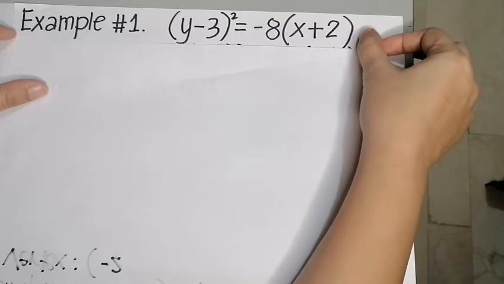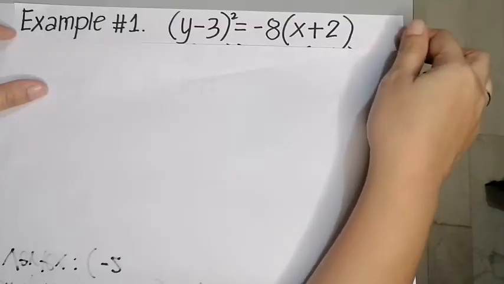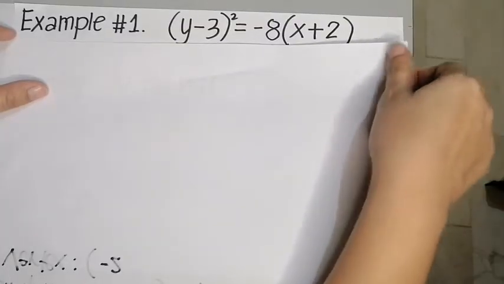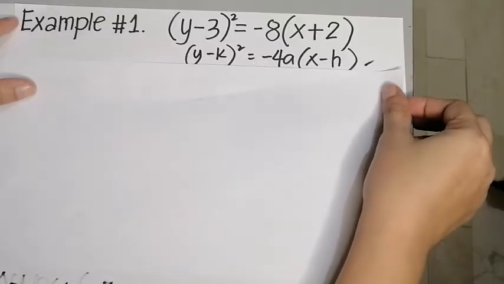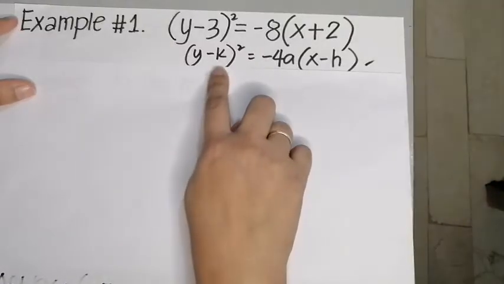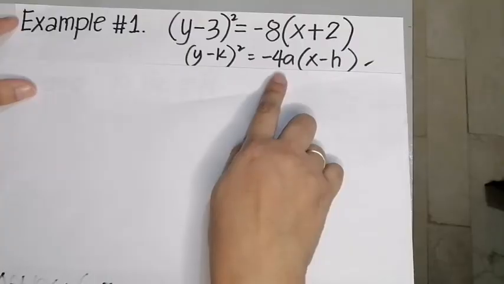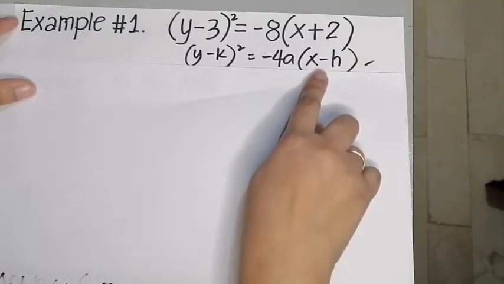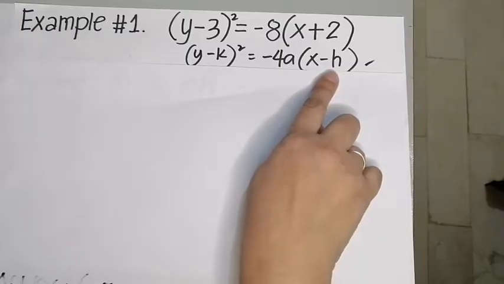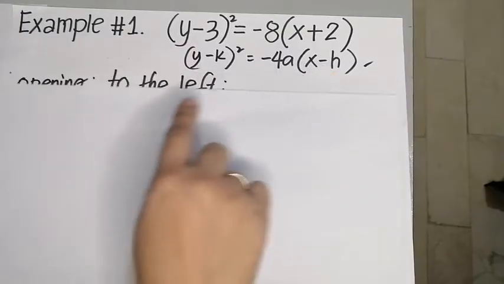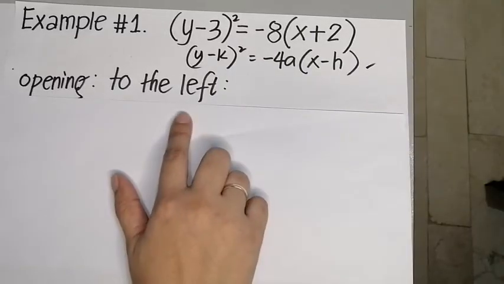Is this in standard form? That's right, it is. Since this equation follows the standard form, (y minus k) quantity squared equals negative 4a times the quantity (x minus h), where's the opening of this parabola? That's right. The opening is to the left.